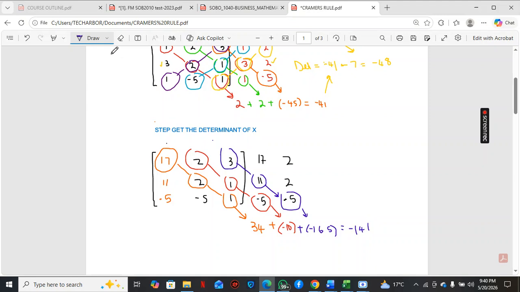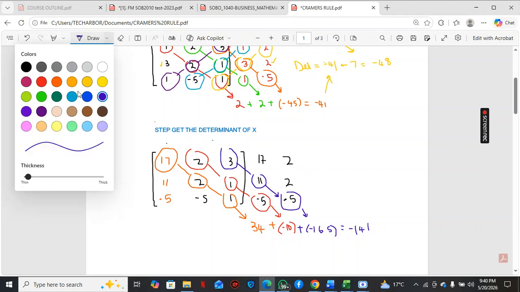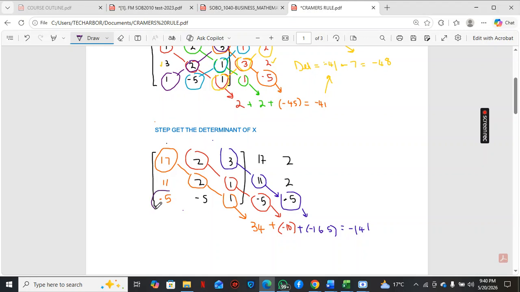Then we go to our next diagonals, starting from the bottom going up. Negative 5 times 2, that is negative 10. Negative 10 times 3, that is negative 30.